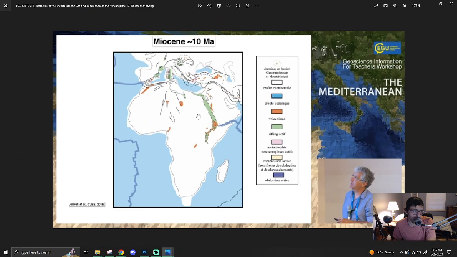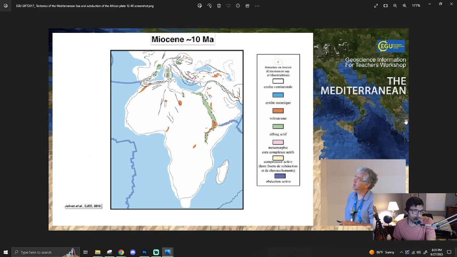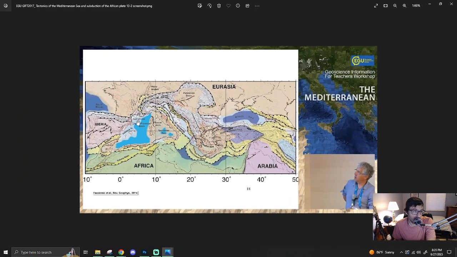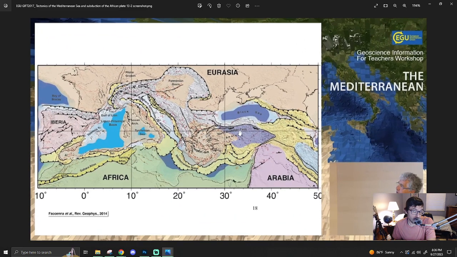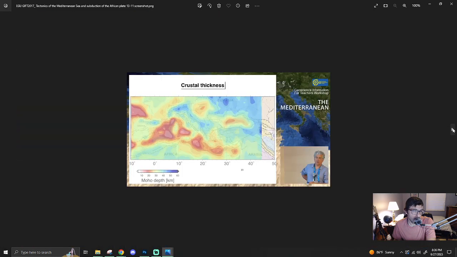Okay, I just took pictures of all these. 10 million. Now we're starting to see this area more take its current shape. So that was quite late to the game. As we see it today, it was very late, according to interpretation. I mean, I tend to accept things of that nature, though. Just not the overall model.